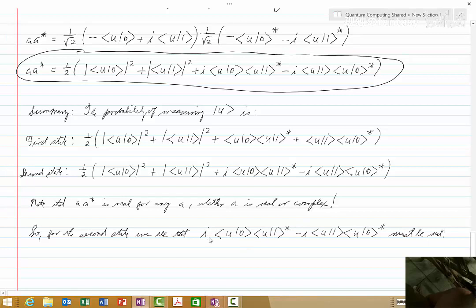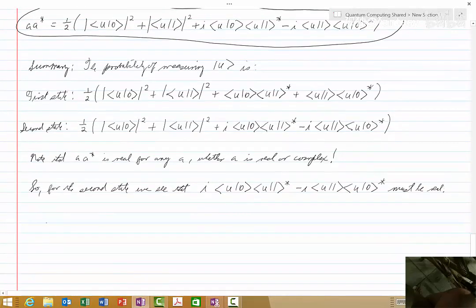So we have i times the inner product of u with 0 multiplied by the complex conjugate of the inner product of u with 1, minus i times the inner product of u with 1 times the complex conjugate of the inner product of u with 0, must be real.